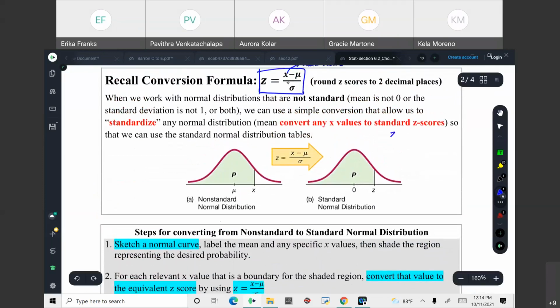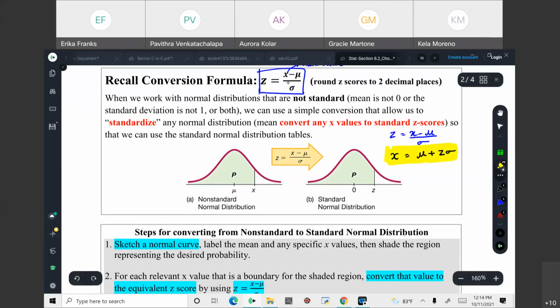Now what we have is x minus mu divided by sigma. Now to find x, keeping x in the same place, you just have to shift the other things to the other side. So I get mu plus sigma z. Okay. Now this is the formula to find the x-score.